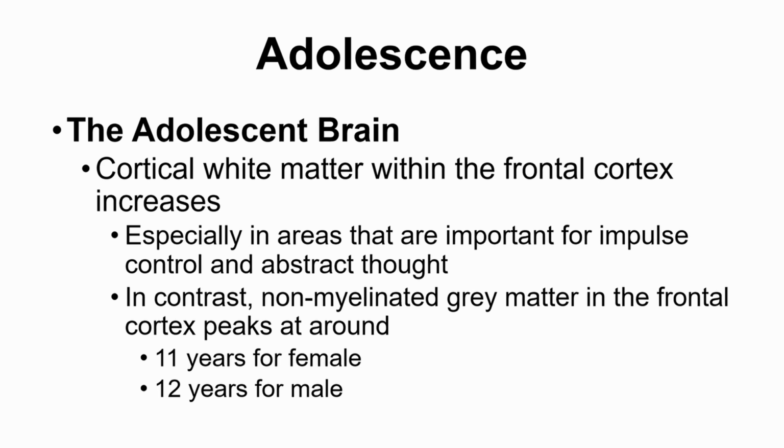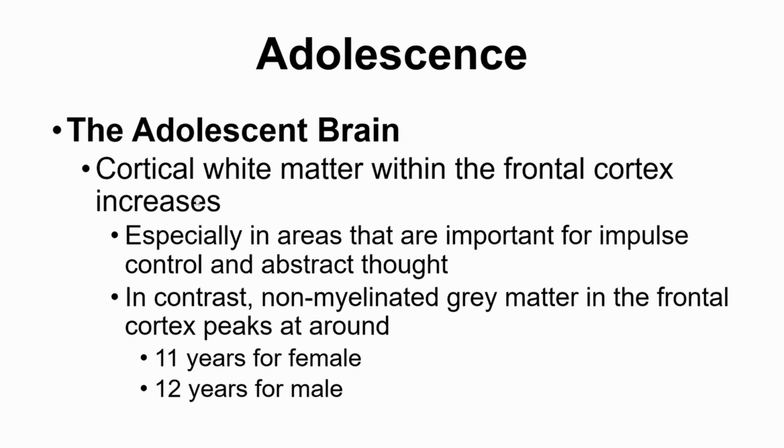If we look at the non-myelinated gray matter versus our white matter, which is myelinated. We've talked about the white matter and gray matter within our brains: we're talking about cell bodies, which are always unmyelinated, being our gray matter, and then our white matter being those myelinated axons. And the axons are how we make connections with other parts of the brain.